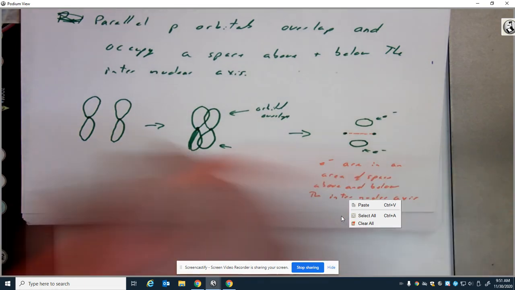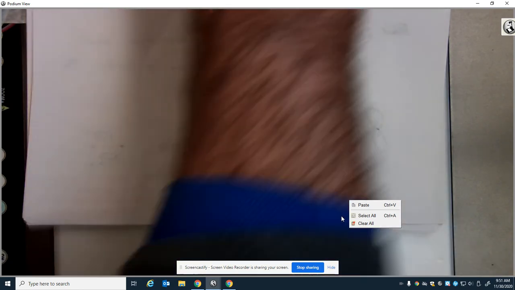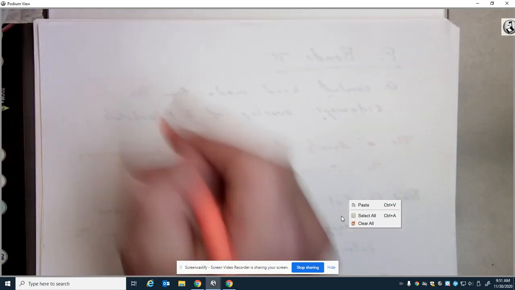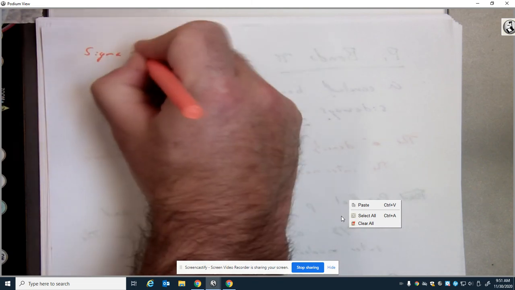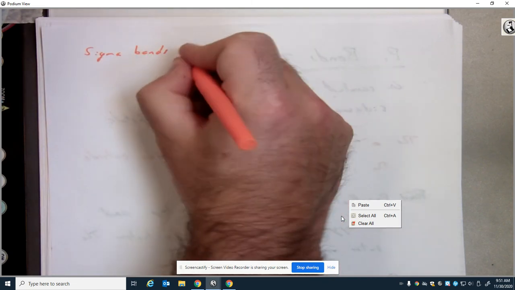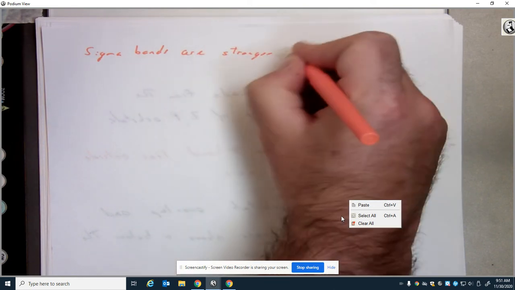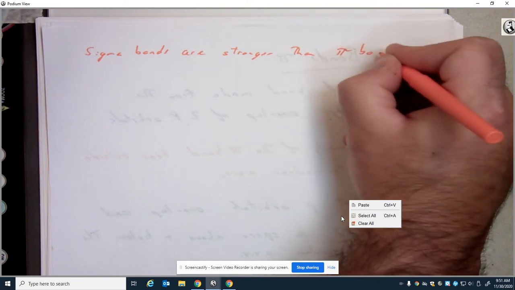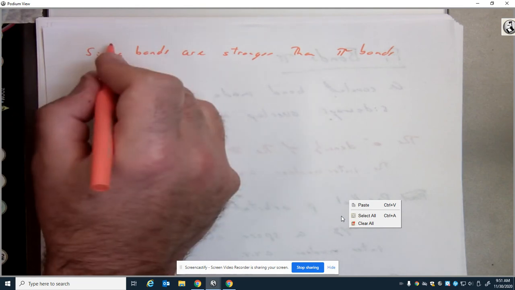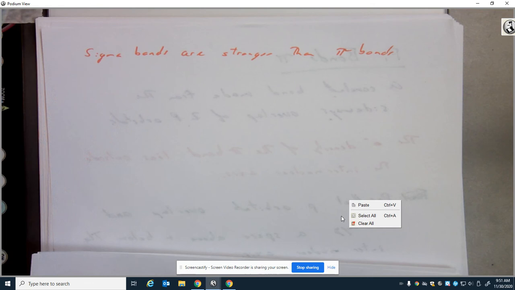Now, sigma bonds are stronger than pi bonds. Okay, so our sigma bonds are much stronger than our pi bonds, right? But I don't know if I can show this to you or not.